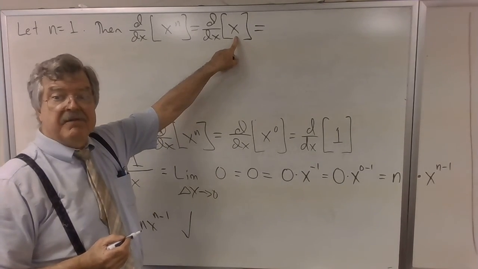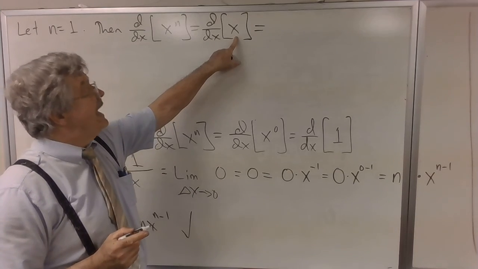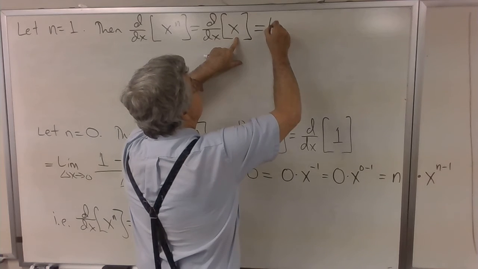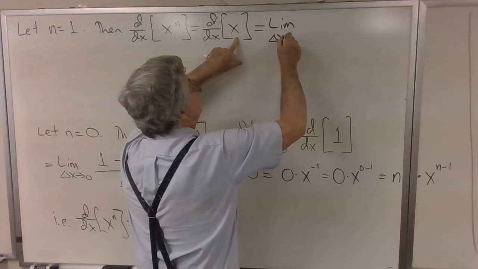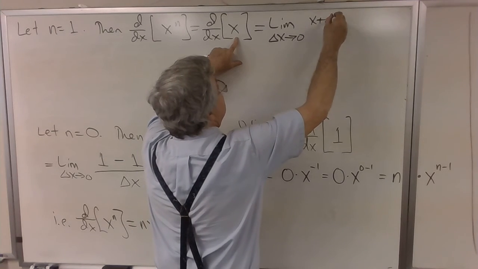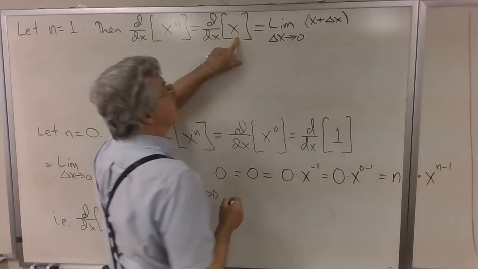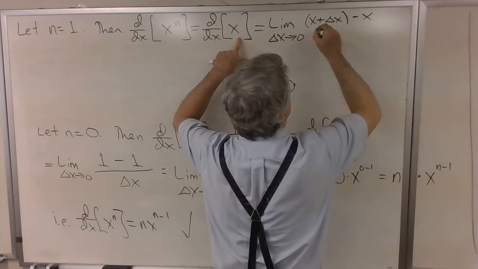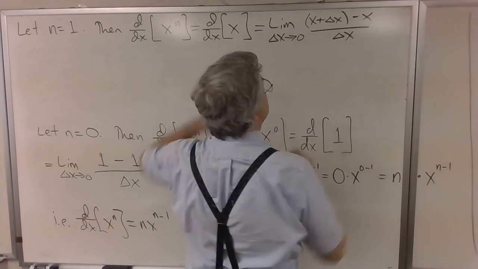This is our f of x. f of x equals x. So the derivative is the limit as delta x goes to 0 of f of x plus delta x minus f of x all over delta x.